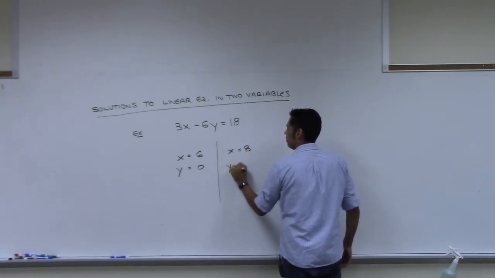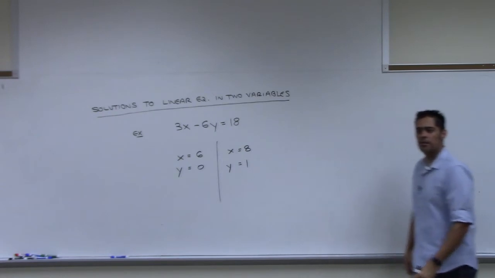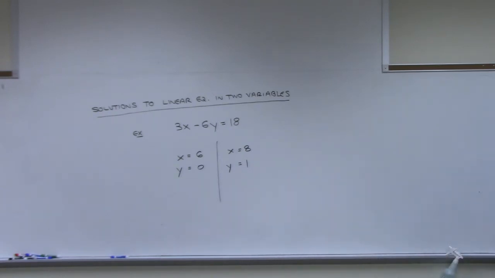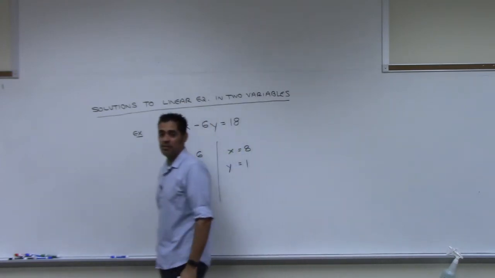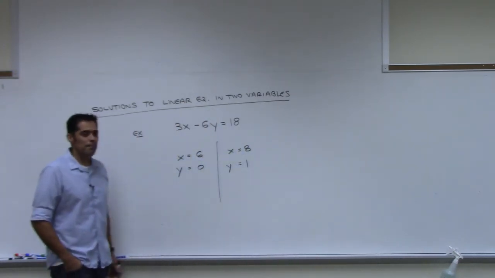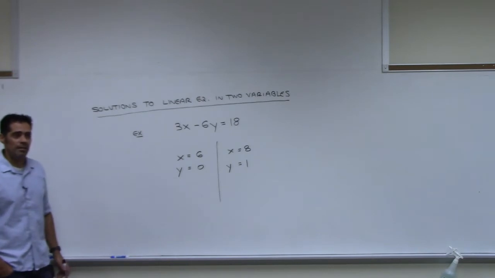What's another answer? 8 and 1. Do y'all agree with that? 3 times 8 is 24. Take away 6. Yeah, that'll work. How many answers are there? An infinite amount of answers. And so it's impossible for us to write them all down, right?